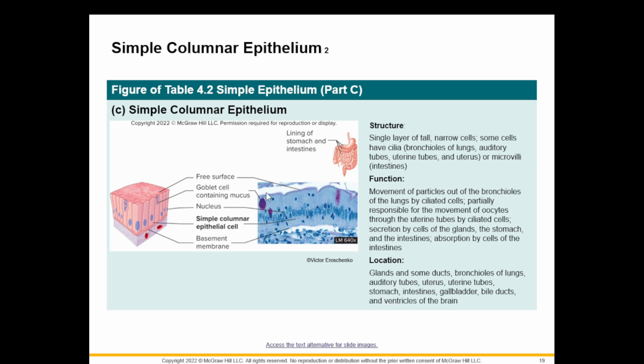And you even have these dark staining parts here. What are these? These are your goblet cells. The goblet cells are the ones that produce your mucus. And what does the mucus do again in the small intestine? It protects itself from self-digestion. Alright?